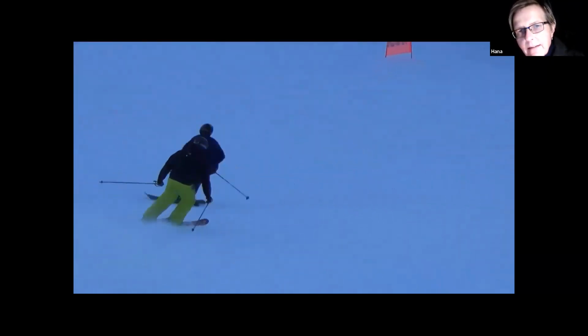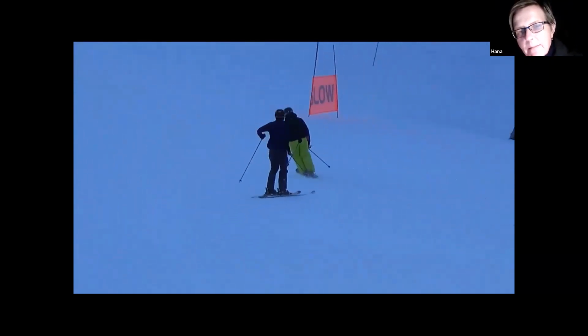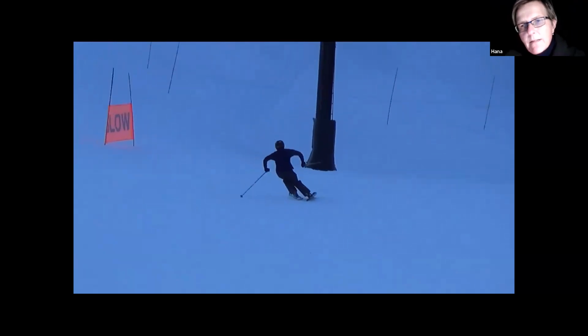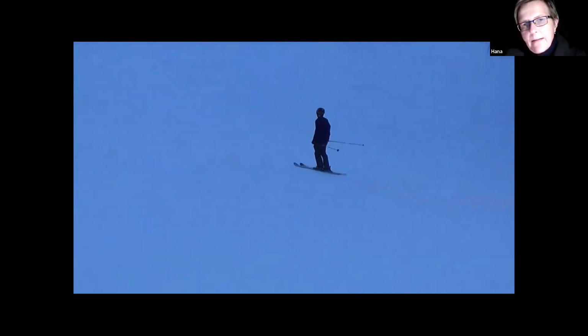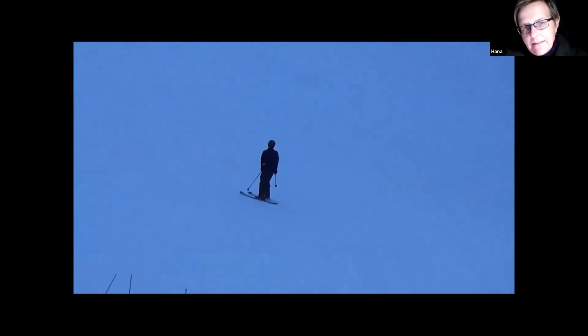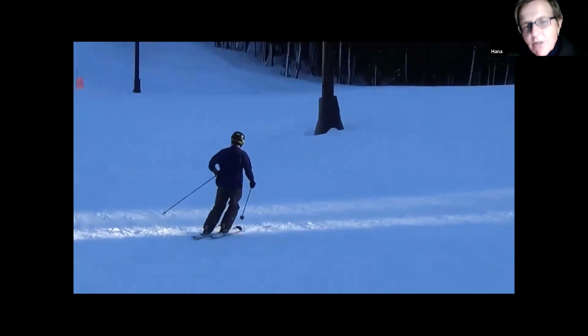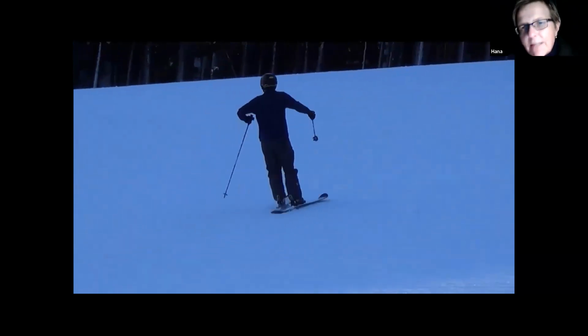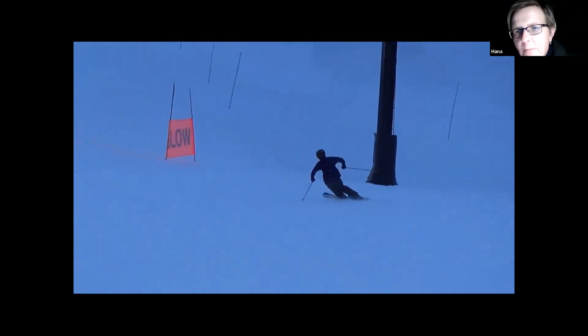Then I would try some J turns to have him extend and flex earlier in the initiation or shaping of the turn, and then finish going back up the hill, so the extension and flexing would be more visible. That would be my suggestion.